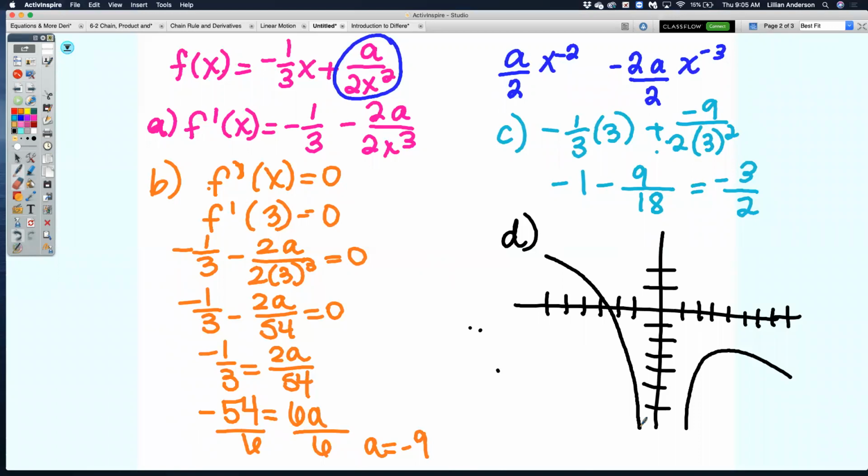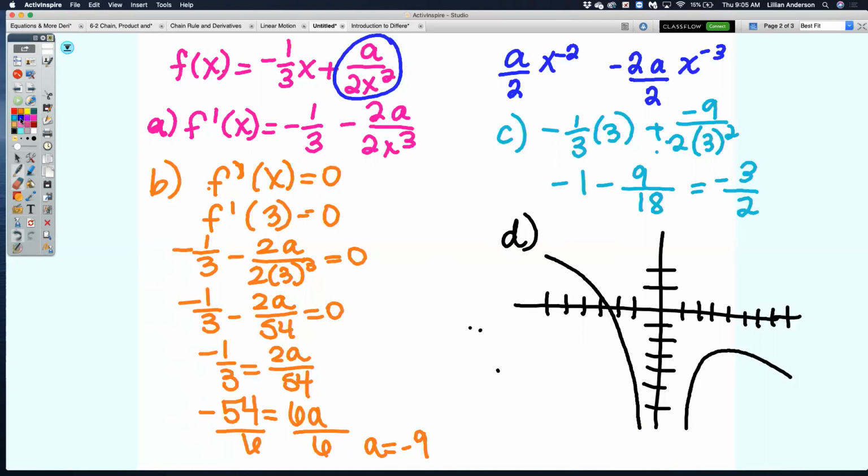Now it says state the values for x for which f of x is increasing. How do I know where a function is increasing? You have to get those test points.